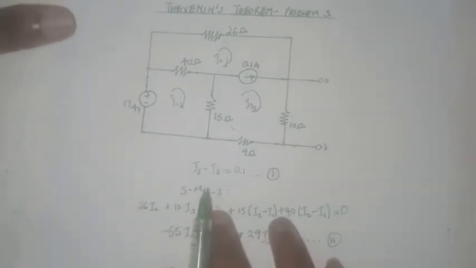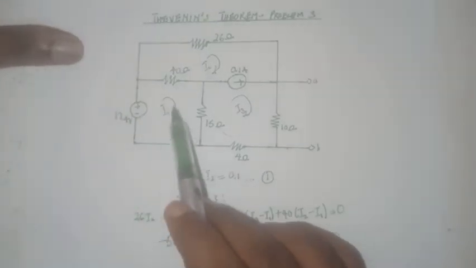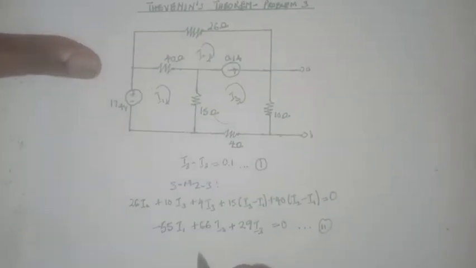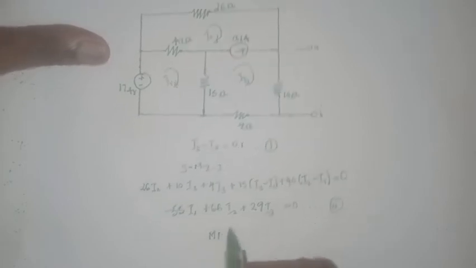We can then proceed to the last mesh, which is mesh 1, M1, and write our equation there.